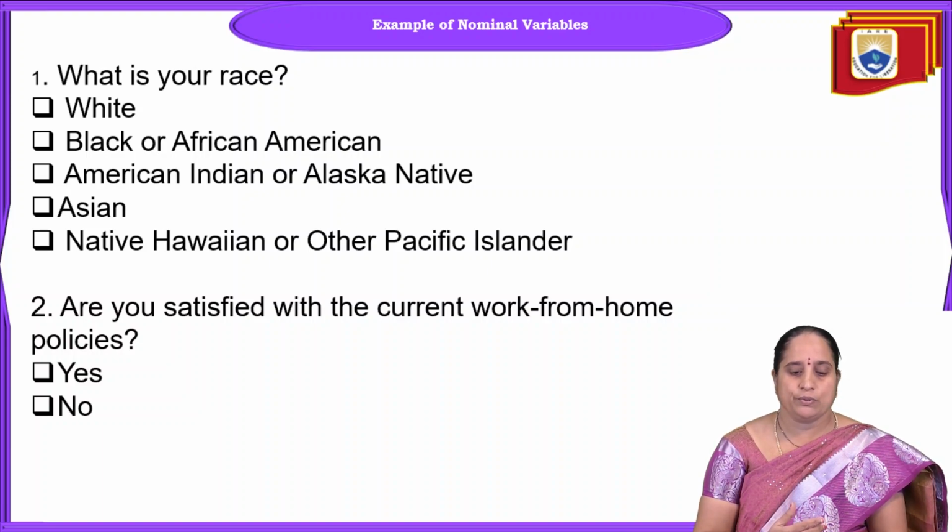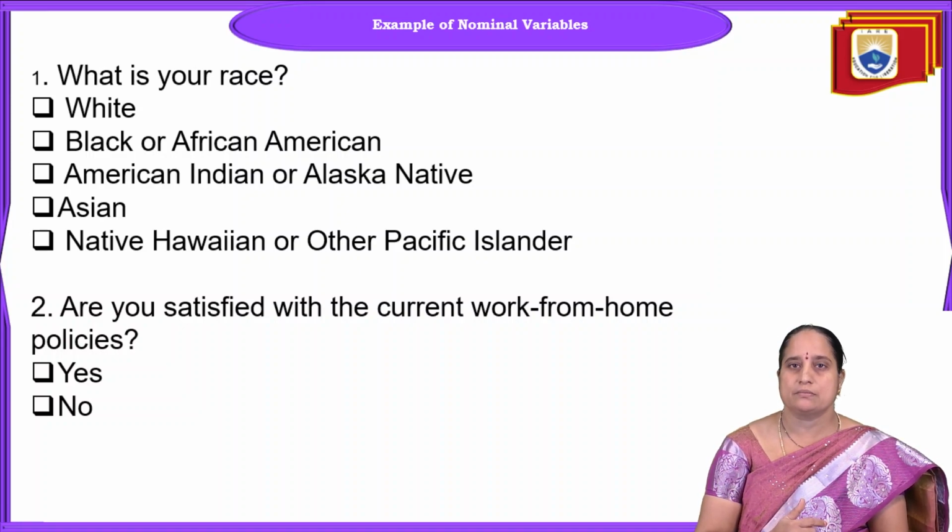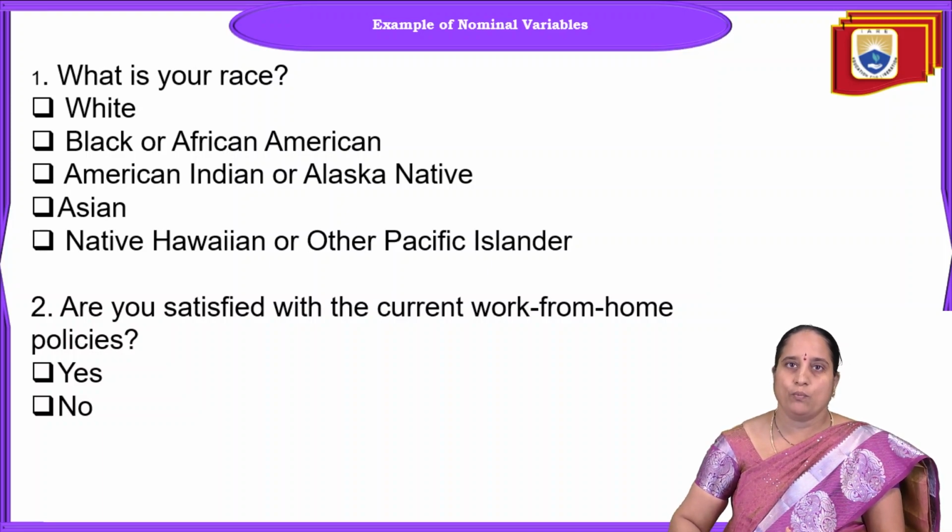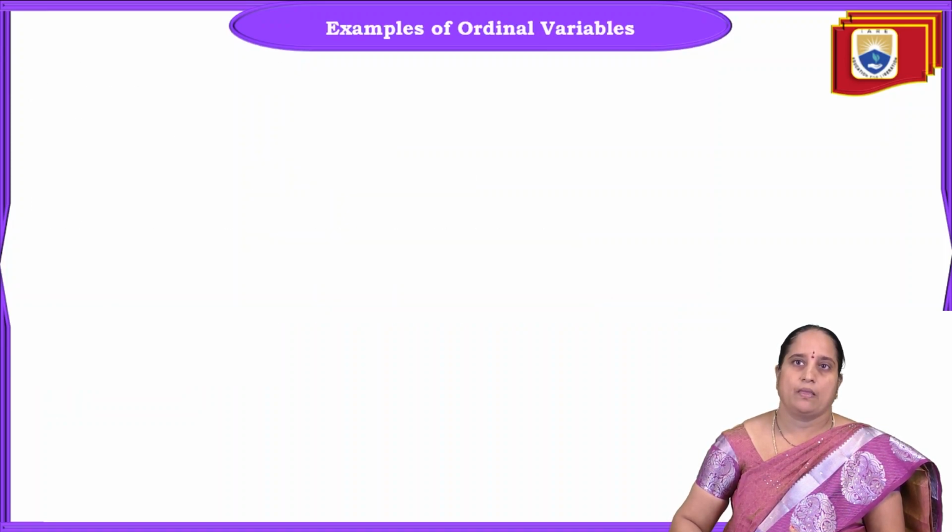And second, if you are asking about satisfaction levels, like are you satisfied with the current work from home policies? There is no further scope, yes or no. People have to choose only one. That type of options are known as dichotomous or binary options.